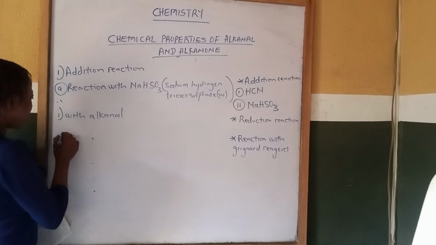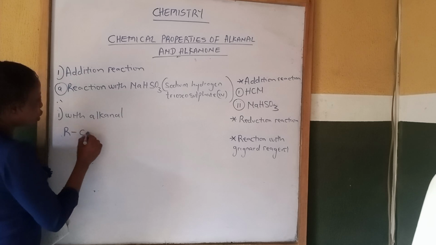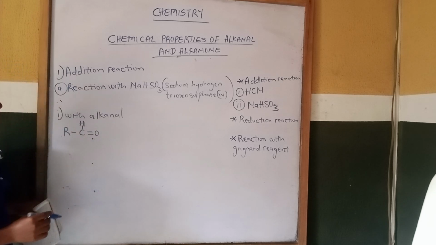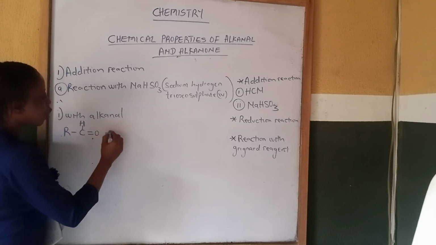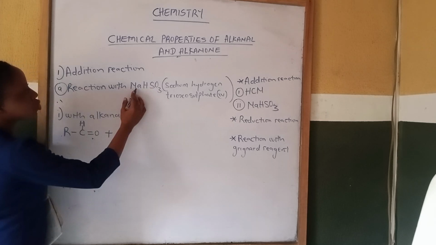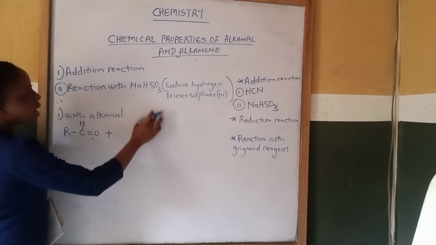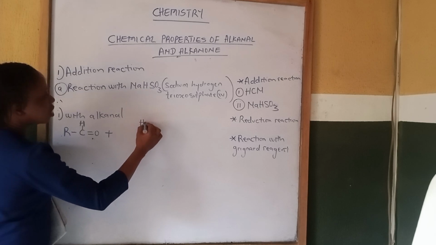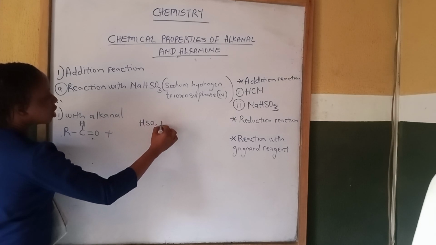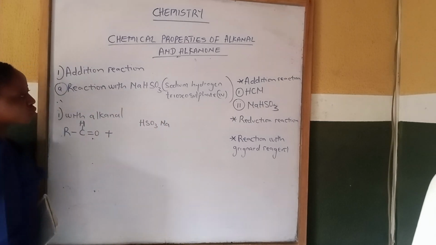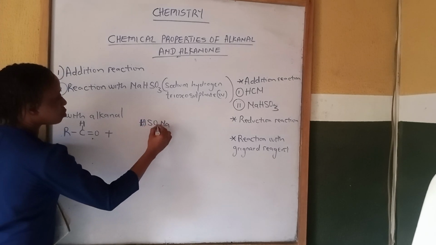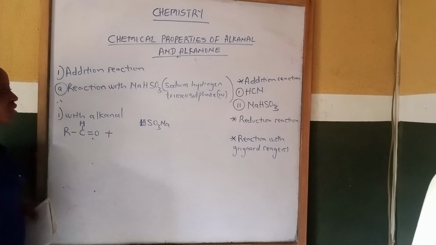Let's take the general formula for alkanal, which is R, C double bond O and H. This is the general formula for an alkanal, plus sodium hydrogen trioxosulfate(IV). I can also rewrite this as HSO3Na.